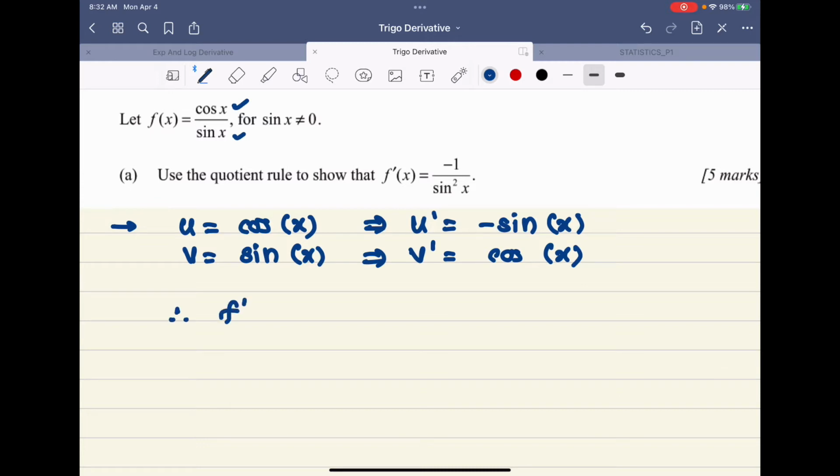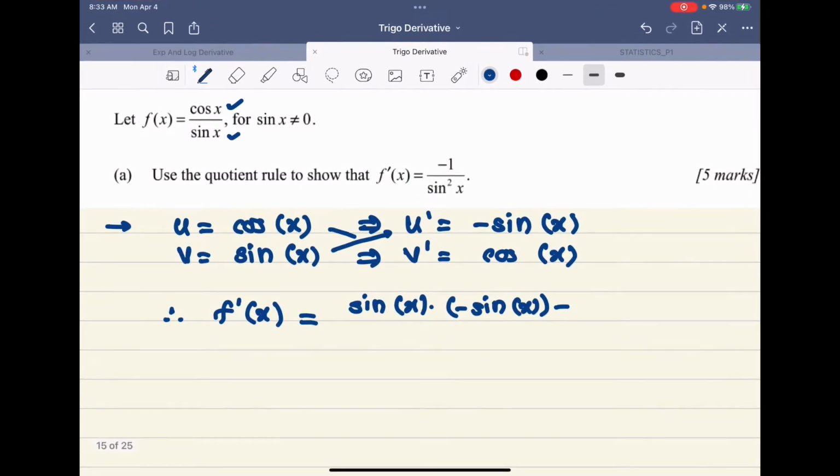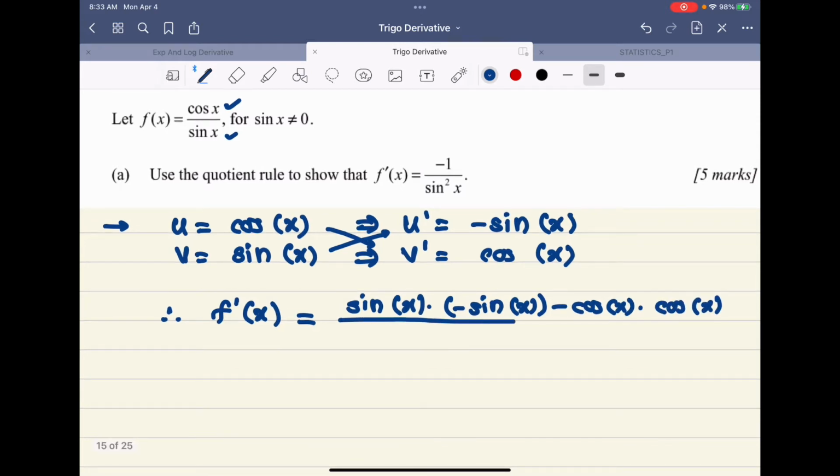So f dash x is equal to v times u dash, which is sin x times minus sin x, minus u times v dash, that is cos x times cos x, all divided by v square, that is sin of x square, which is sin square x.